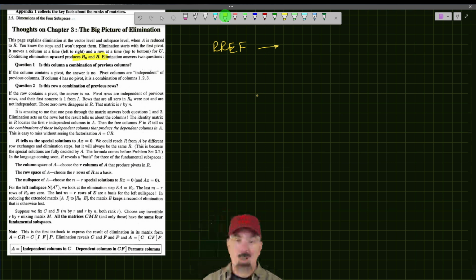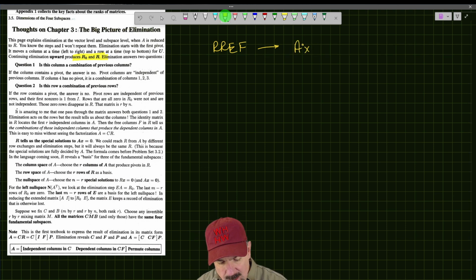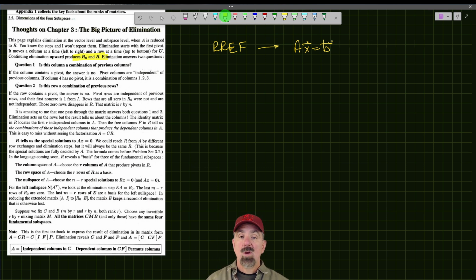RREF is giving us a way to find the solution to AX equals B when we have a consistent system. It will also tell us if we have an inconsistent system. Unlike MATLAB, it won't just spit out that, hey, the matrix is singular, I can't solve it. RREF will tell us exactly how many free variables there are and what the structure of the solution looks like.